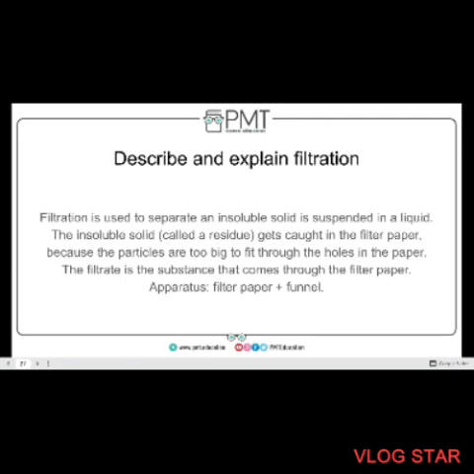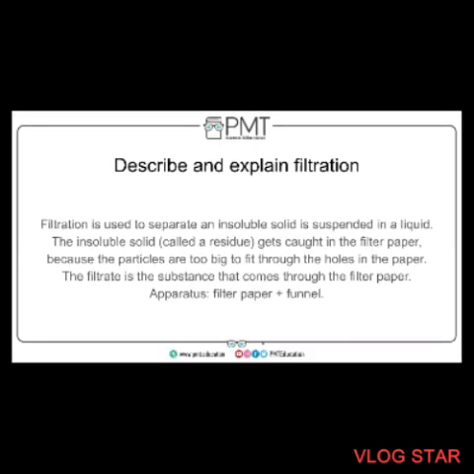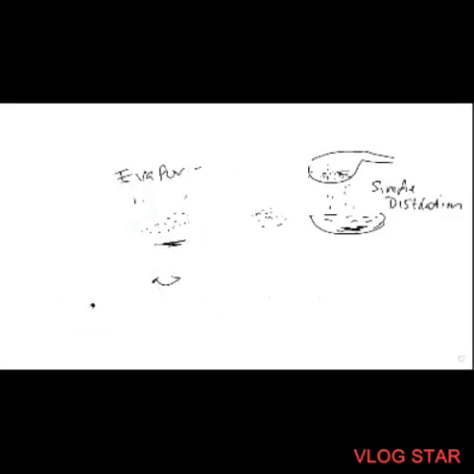You pour the mixture into the filter paper, then we have the filtrate. The filtrate passes through while the residue remains on top of the filter. So that is how it works.